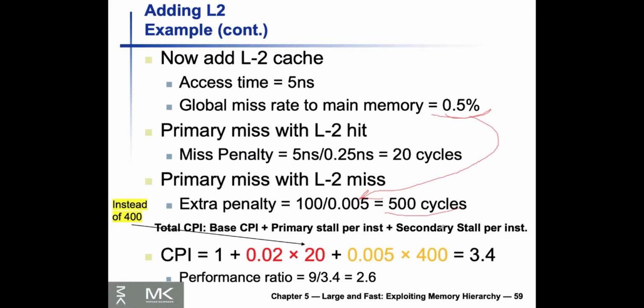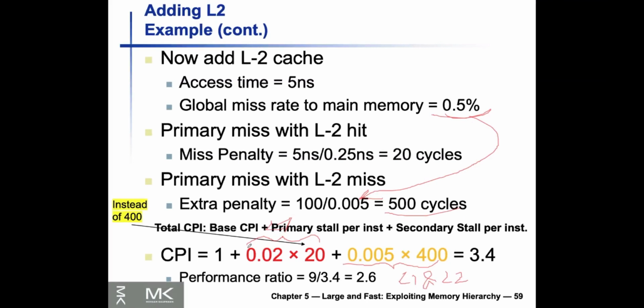So effectively, now your total CPI, you start again from 1, you add those cases that L1 misses and L2 hits, and the cases that L1 misses and L2 misses as well.